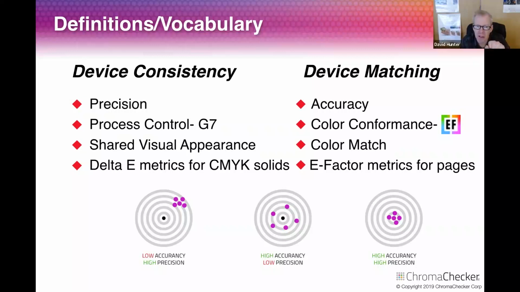Device consistency is all about repeatability and consistency. And when we're talking about G7 methodologies, G7 provides a shared visual appearance between any substrates that you can print on. But G7 methodology does not ensure a color match. It ensures a shared visual appearance.